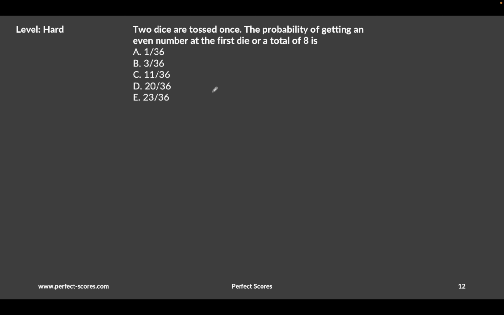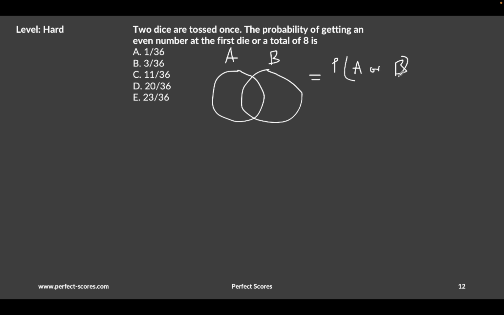So this becomes a little different, and I have a detailed video on these kinds of probabilities as well. Basically you have an event A, I'm just going to give you some background, and you have an event B, and sometimes those events coincide with each other. If you want to find the probability of event A happening or event B happening, that's the probability of event A plus the probability of event B minus the probability of A and B happening.